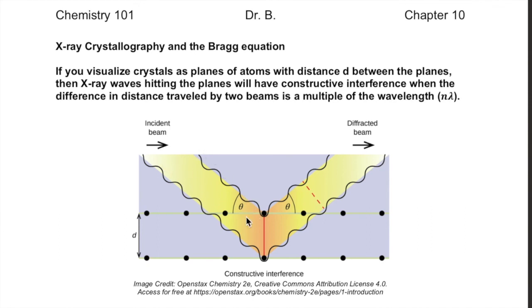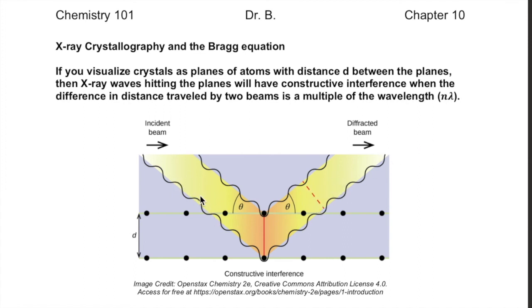So if you are aiming X-rays at the surface of some crystals at different angles, you will find an angle where the X-ray that hits one layer is in phase with the X-ray that hits the next layer down. And that will cause the reflected wave to be brighter because it's constructive interference. These waves add and they don't cancel each other out.